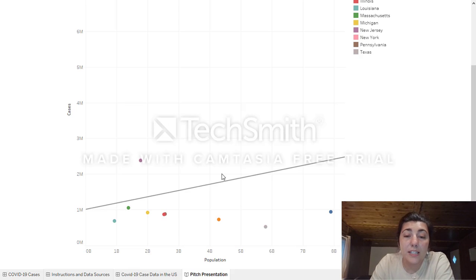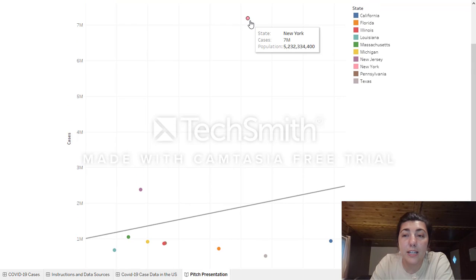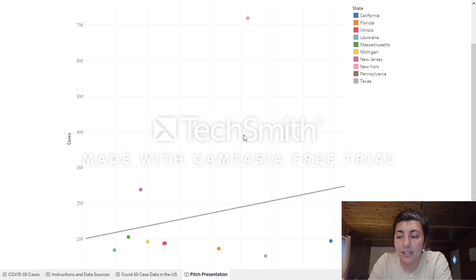And we can see from the trend line, there is somewhat of a trend. You do have one state up here, New York, that has significantly more cases than the others. Even though their population is less than California, they are experiencing more cases, so they're just an outlier in this visualization.